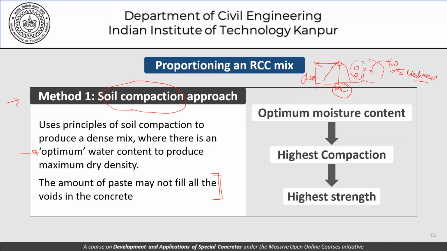If you recall the picture that we have in the beginning, in this case, when we're talking of RCC, then indeed it makes some sense to say that we look at coarse aggregate particles, much like soil particles. The fact that they have some kind of coating of paste around them just contributes to the moisture.